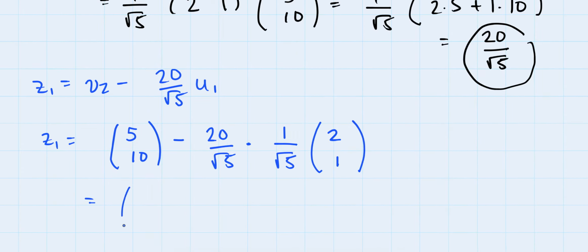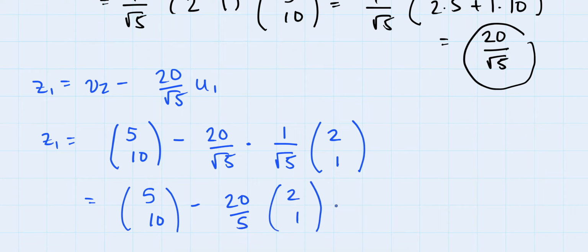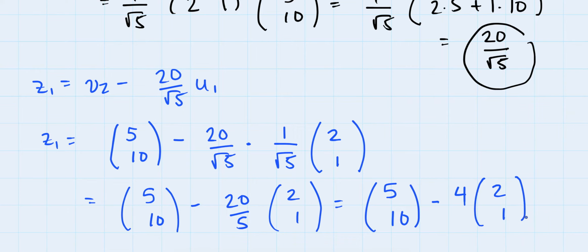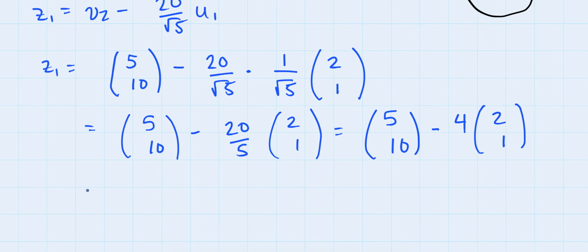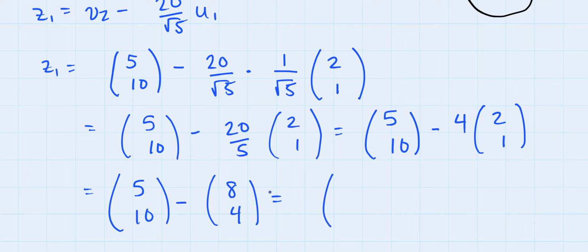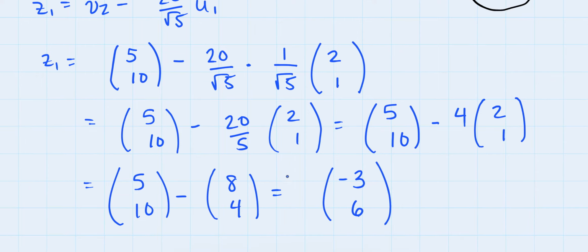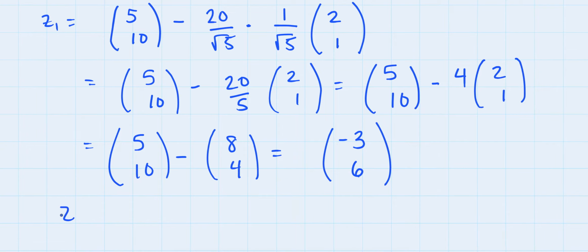So we're left with (5, 10) minus 20 over 5 times (2, 1), which is (5, 10) minus 4 times (2, 1), which is (5, 10) minus (8, 4), which is (-3, 6). So this is Z1. Z1 is (-3, 6).